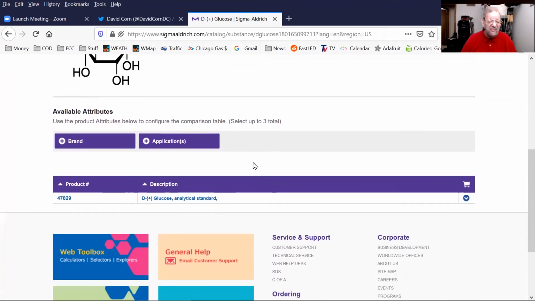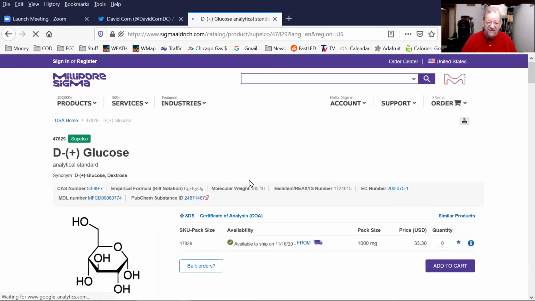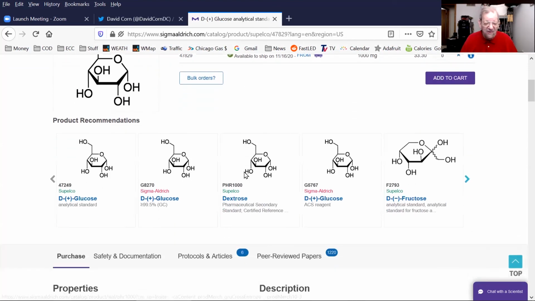And they have various things. And if you look here, you can see the price of it. And they normally, for this one, if you go under information, you can also see the MSDS sheet. And let's see, this is super high quality glucose.